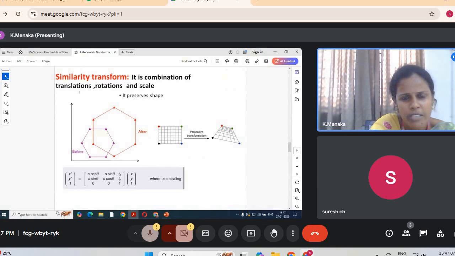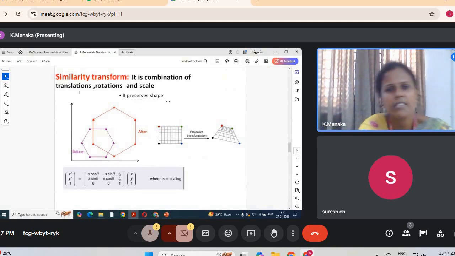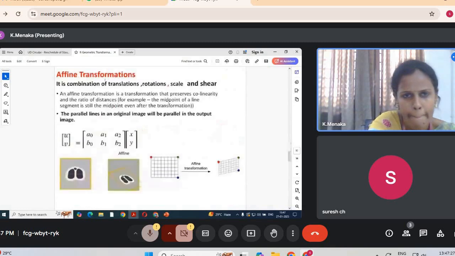Scaling is resizing the image to a bigger or smaller size. The similarity transform preserves the shape whenever we perform geometric transformations. That is the main advantage of the similarity transform.